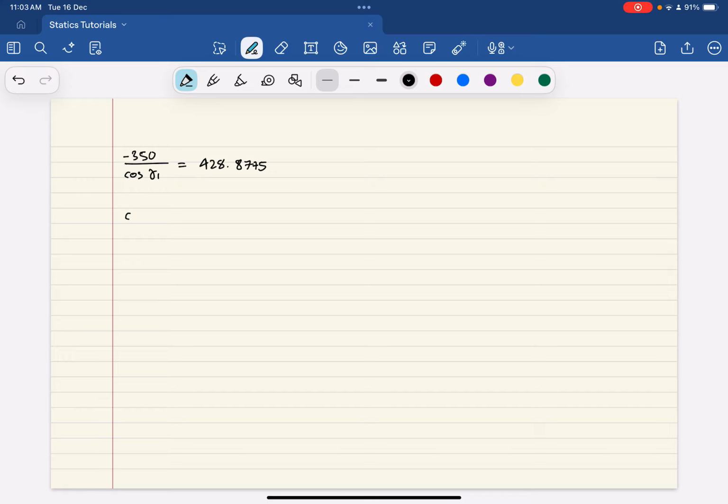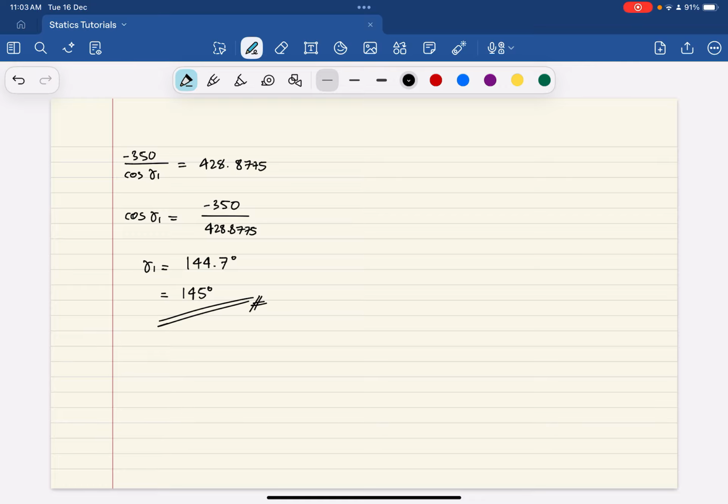And of course, cosine gamma is equal to negative 350 over 428.8775. Thus, gamma would be equal to the cosine inverse of it, so 350 over 428.8775. You get 144.69 or 144.7 degrees. And of course, you can write it as 145 actually, if you want three significant figures.